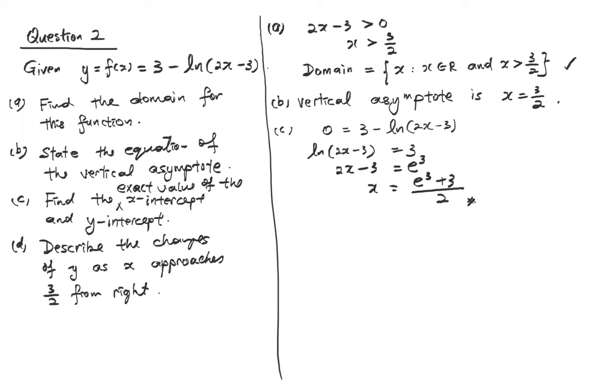Okay, so for the y-intercept, I will say there isn't a y-intercept, because x is greater than 3 over 2. x equal to 0 is not part of the domain.